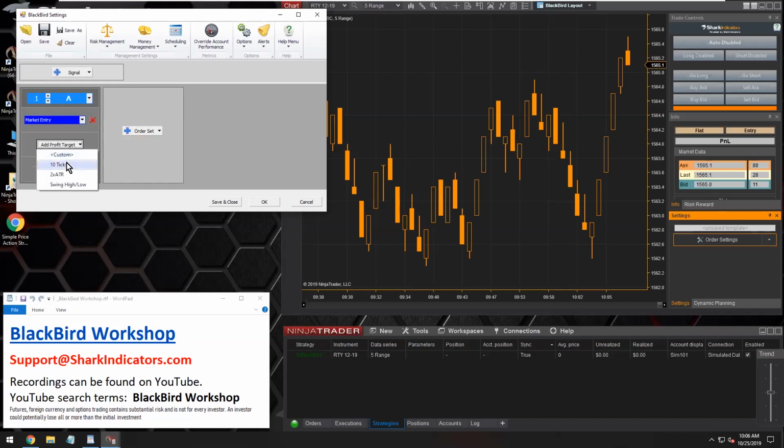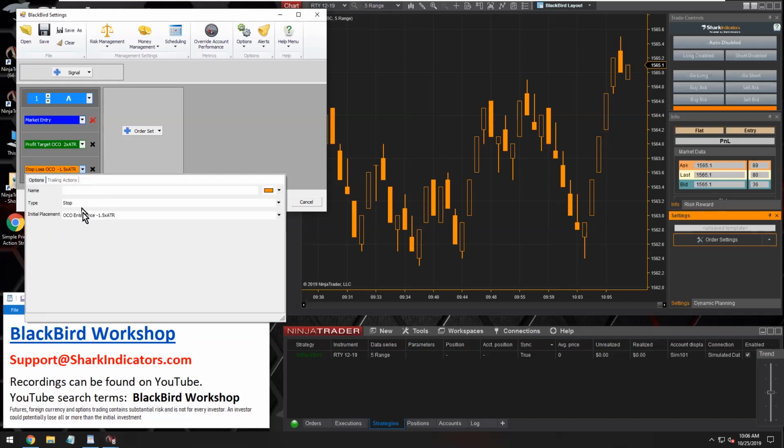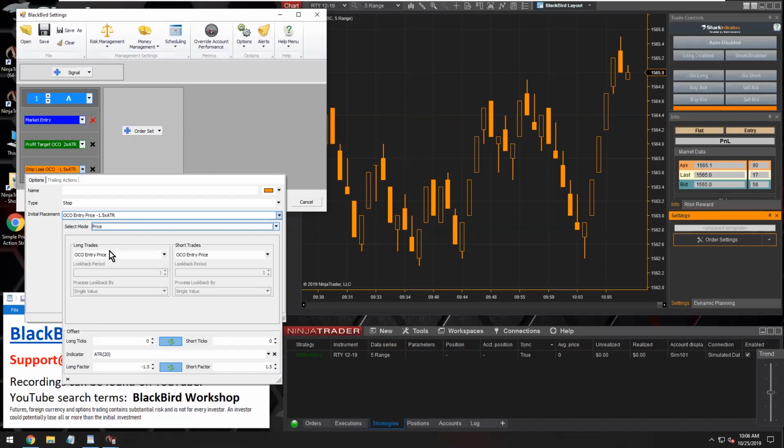Let me use the ATR settings here because it makes a good example of how we can do this. So back to the premise of the indicator here: if your stop loss is changing from one trade to another, then that must mean that you're using an indicator.